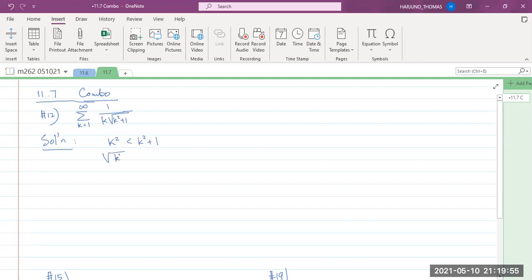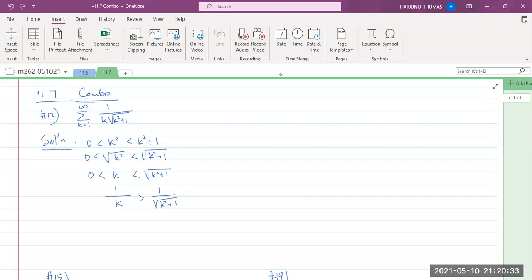The square root of k squared is less than the square root of k squared plus 1, but still positive, of course. Does it make sense? Now we do the reciprocal. Both of them have to be positive, because otherwise the reciprocal inequality may not be true.